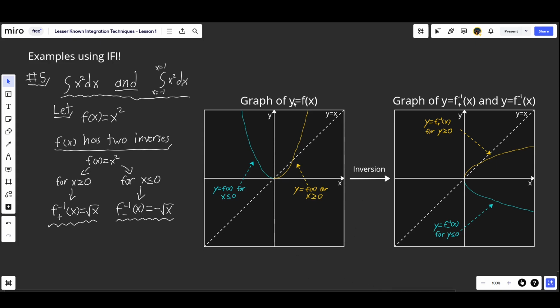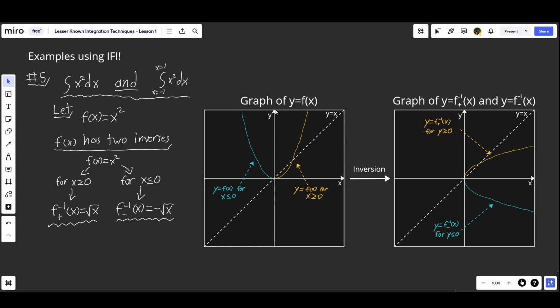To visualize this, I have two graphs. The first graph is simply of f of x equals x squared. And we can see that for all real x, it is not invertible, because it will have the same y value for x values that have the same magnitude.